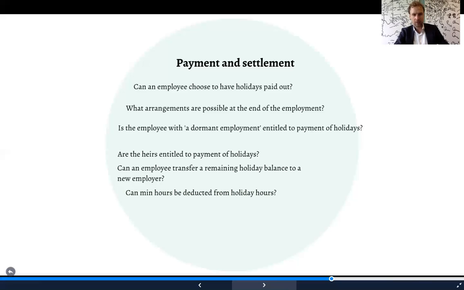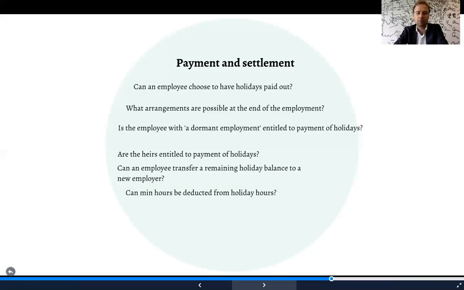And can minus hours be deducted from holiday hours? No, that's not possible. If the employee works less than the contractual hours, then it's not allowed to deduct those hours from the outstanding amount of holidays, unless this is agreed upon in the contract or in the collective labor agreement, but we seldom see those kinds of arrangements.